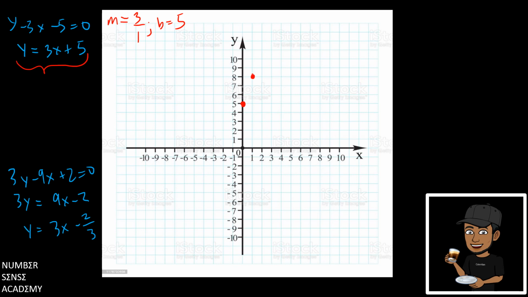This is going to run off my graph, so let me get some points before this. If I'm running 1, then I could go back 1 and down 3, that'll take me to 2. Back 1, down 3, that'll take me to negative 1. And then all the way up. And just so I know which graph is which, 3x plus 5.